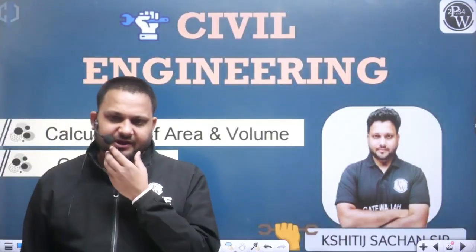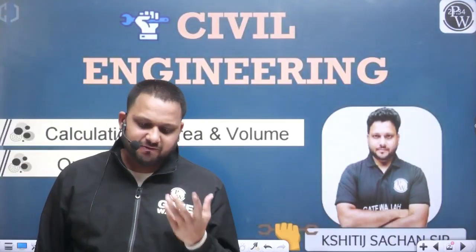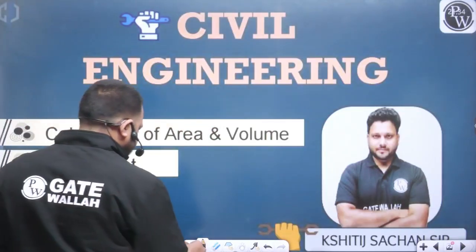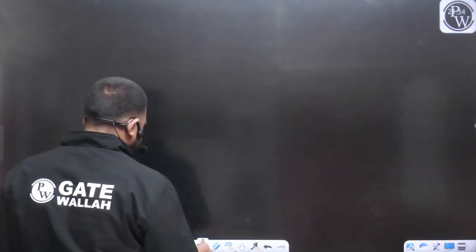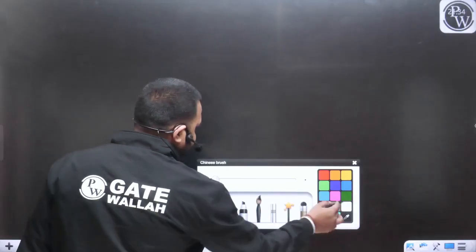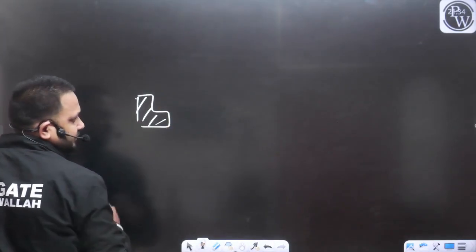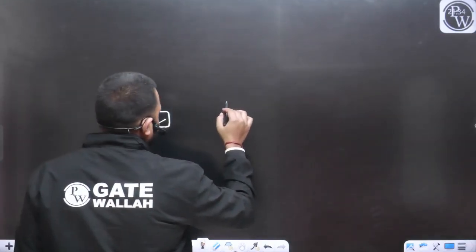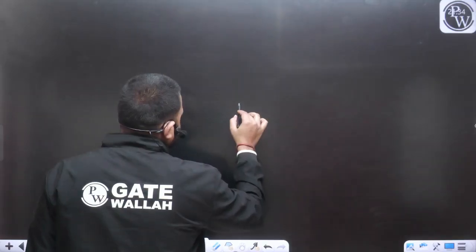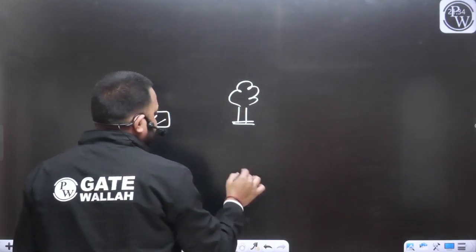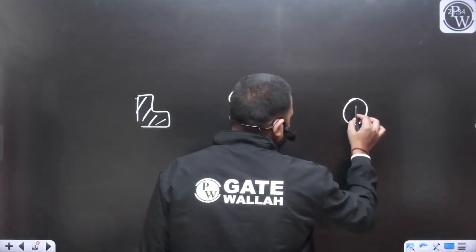Sir, please say where we use the traverse method. Wherever it is required. For example, there may be a situation like this. Let's say somewhere here this is a building block, somewhere here there is a tree, and somewhere here there is a water body.